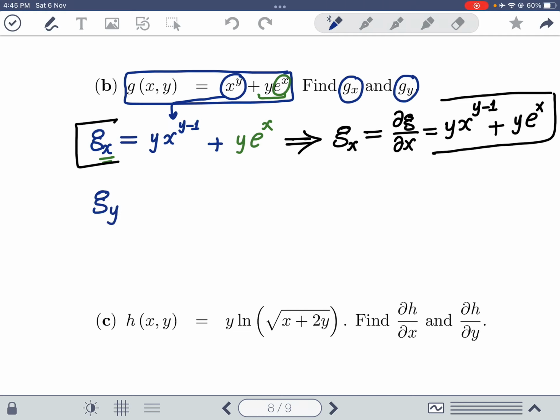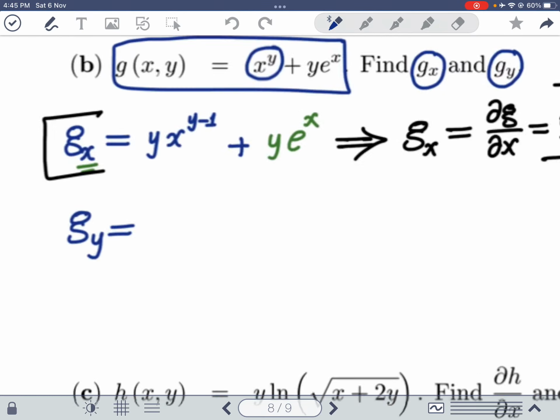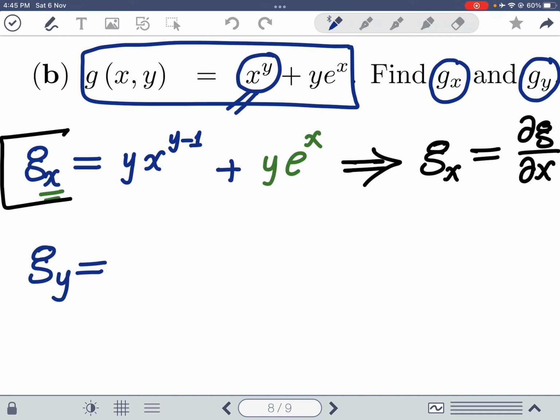So now the partial of g with respect to y, you will look again, but think differently. You will think now in terms of y, the eyes of y. When y looks at this, it sees it as an exponential function with respect to y, because y is the one in the exponent.